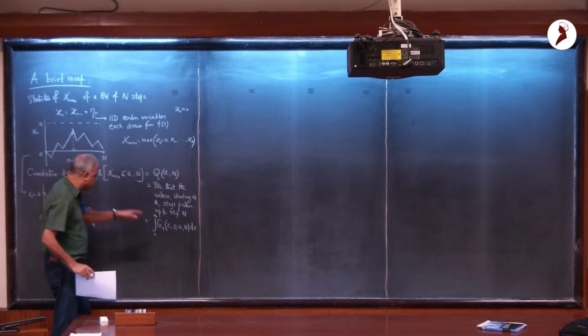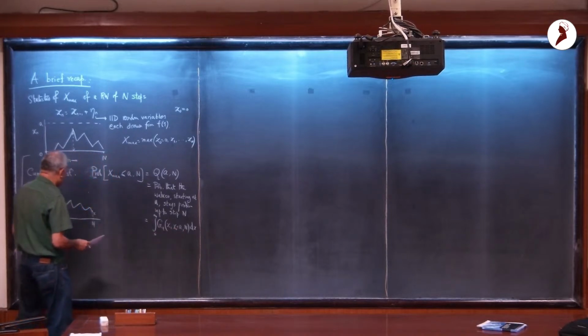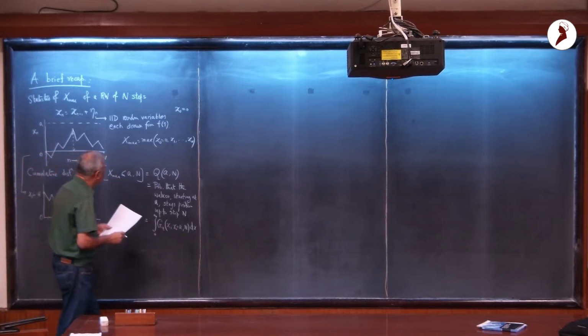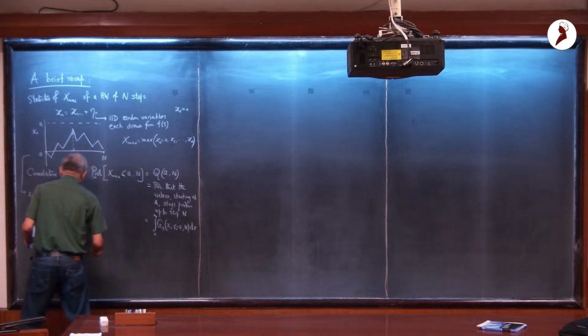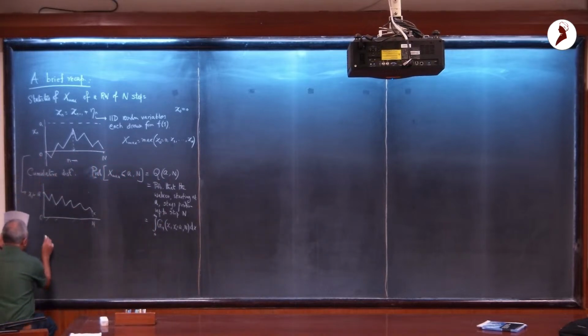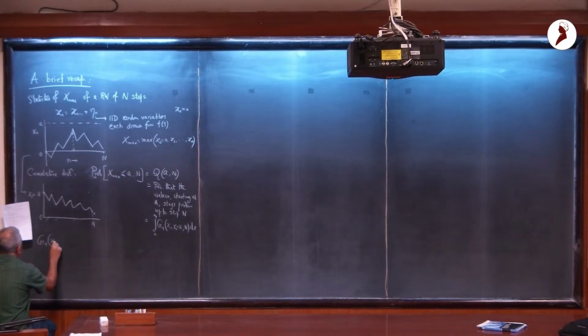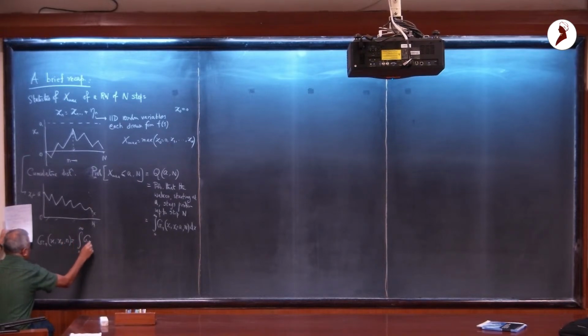So the basic object was this restricted Green's function, and this restricted Green's function satisfies this integral equation, where x prime is the position at step n minus 1, and little n is the running index.